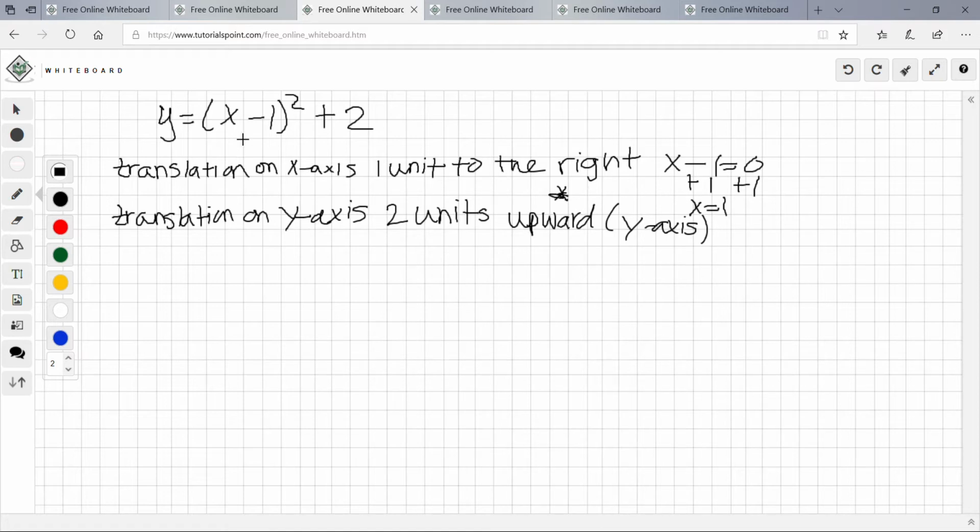I haven't gone over the quadratic section, but note there's actually a vertex. And the vertex is the x and y value. So we know that it's 1 unit to the right on the x-axis, and then 2 units upwards on the y-axis, right? So it will look something like this.